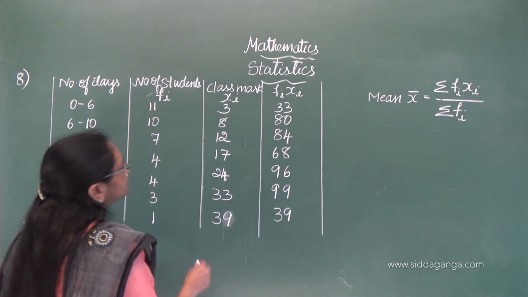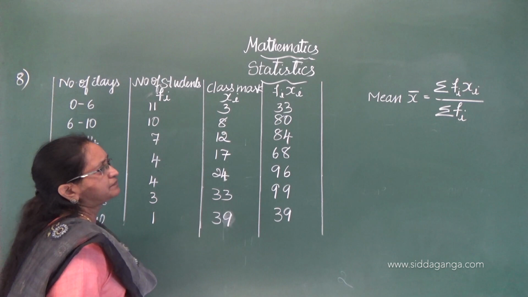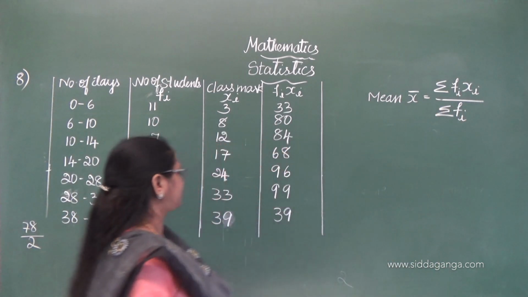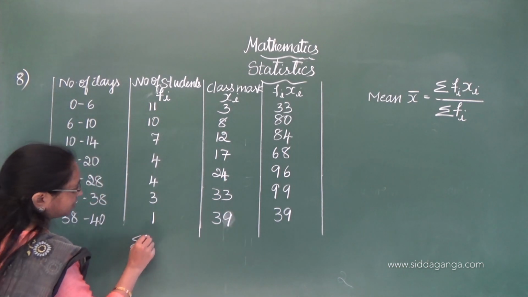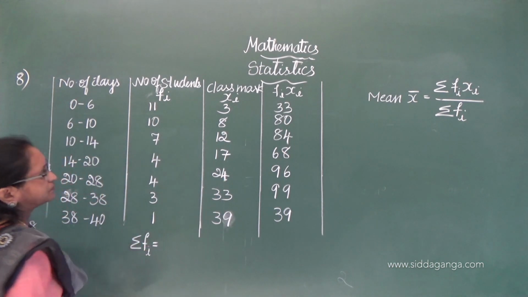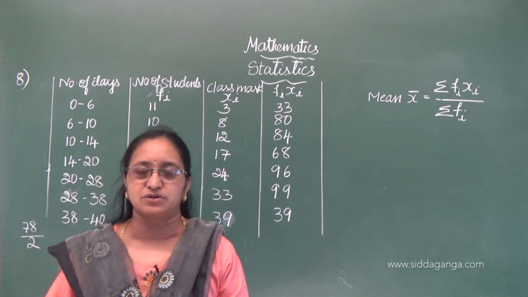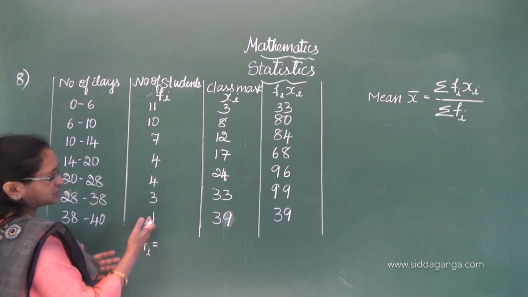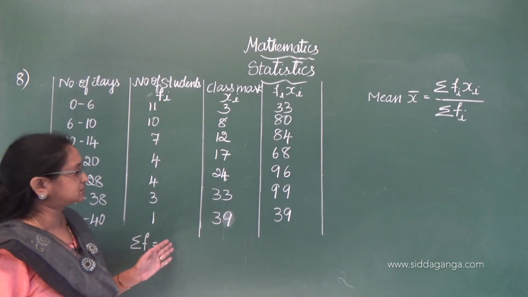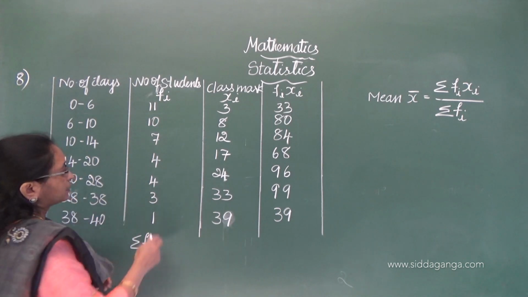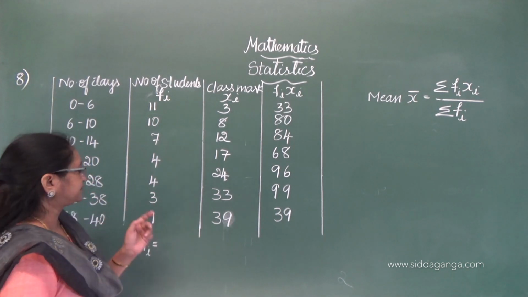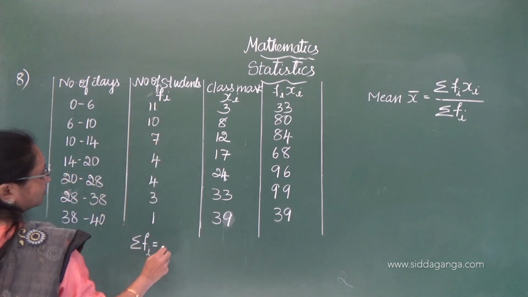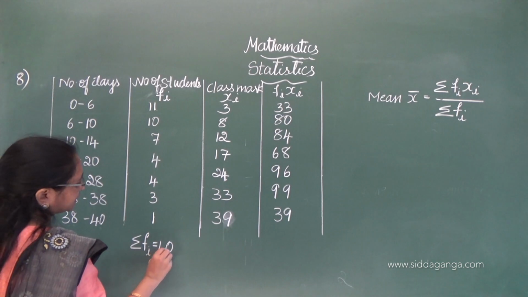Now what is the next step? If you see the formula, it is sigma fi xi divided by sigma fi. Sigma fi is equal to 40 students, since they have given it in your textbook itself. You can recheck whether you have written it correctly and check with the question. 4 3s are 12, 13, 20, 2, 40, correct.